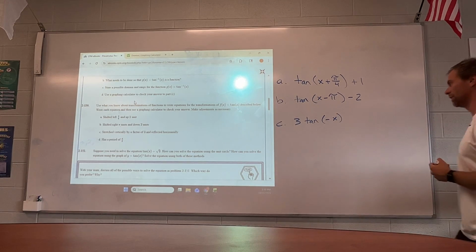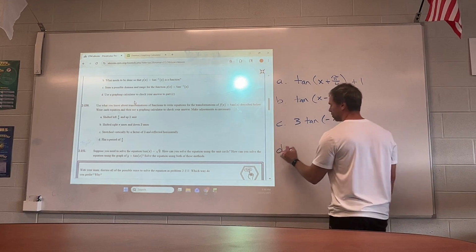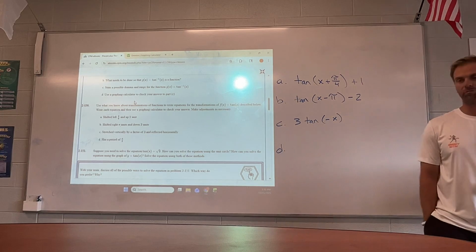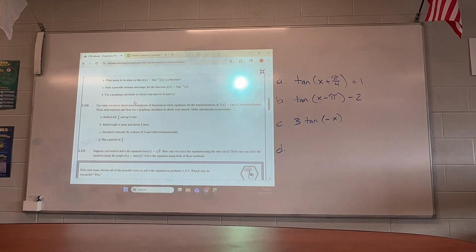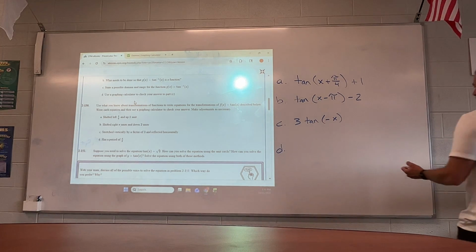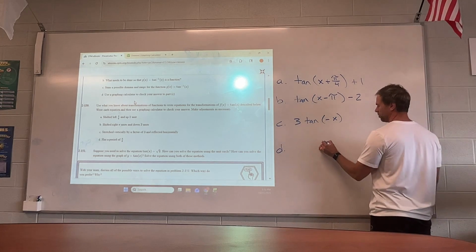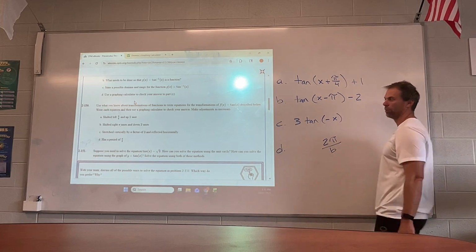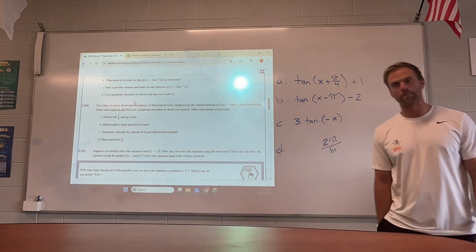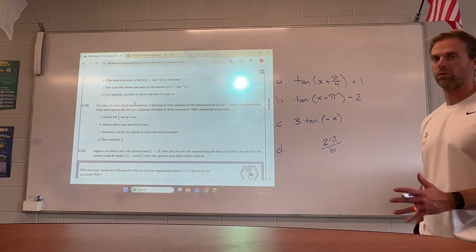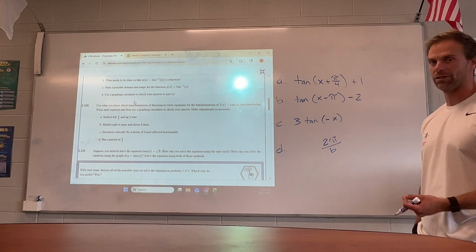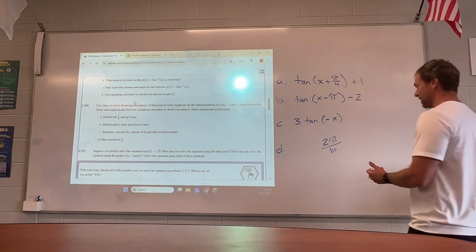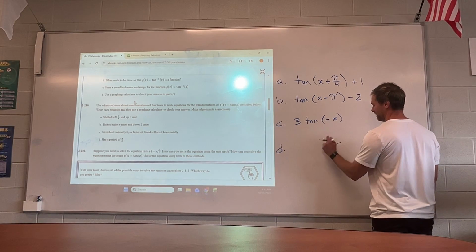Okay, and then the last one, D, just says a tangent graph that has a period of pi over 2. Now, we have to be careful, because when we've talked about period with sine or cosine, it's always been based off of 2 pi. So we've had 2 pi divided by b, or that value that we're plugging into the function. Okay? But we have talked about today, what is the period of our tangent function? It's actually pi.